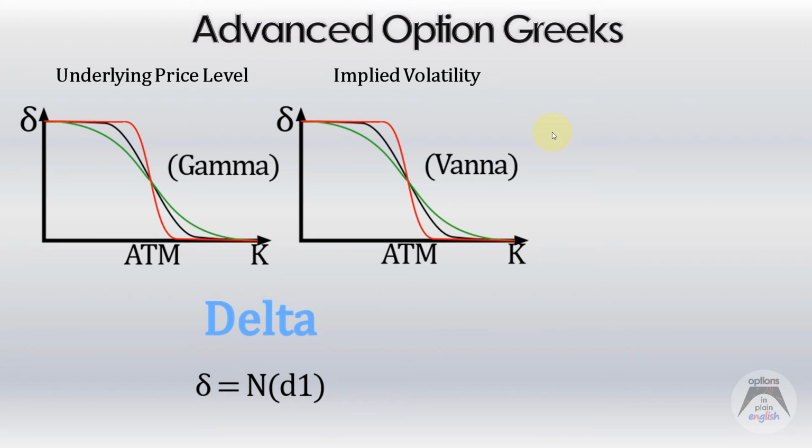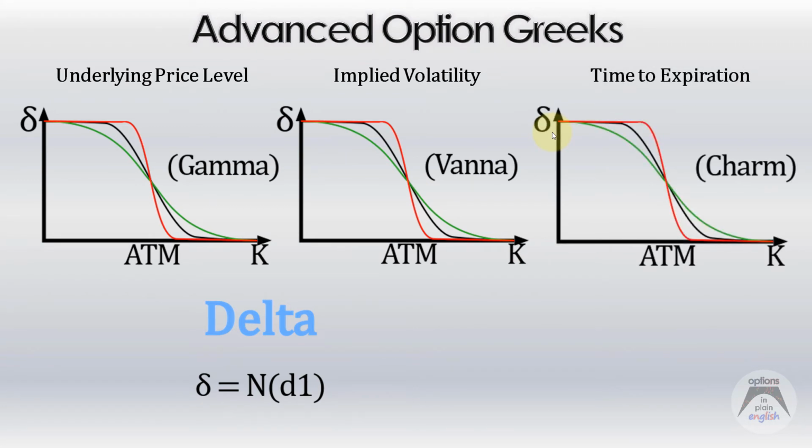Now, how does delta change with time to expiration? Well, as time starts passing, if you have a lot of time, the graph is going to be like this. The curve is going to be spread out. As time starts passing and there's less and less time to expiration, you're going to see that line start approaching the actual expiration line, which is, like I said, a very sharp line where it's 1 for everything that's in the money and 0 for everything that's out of the money.